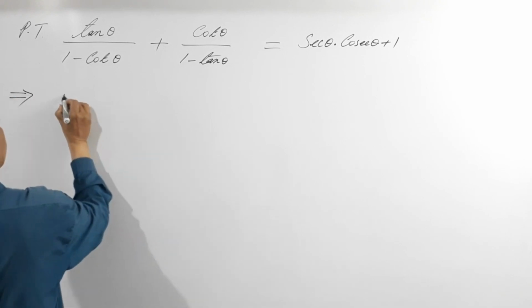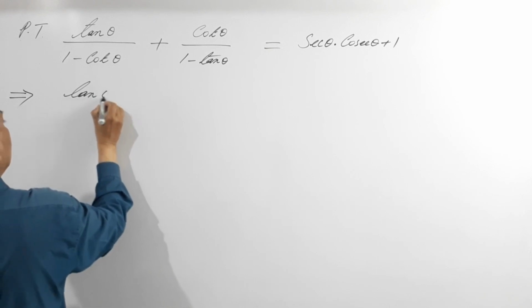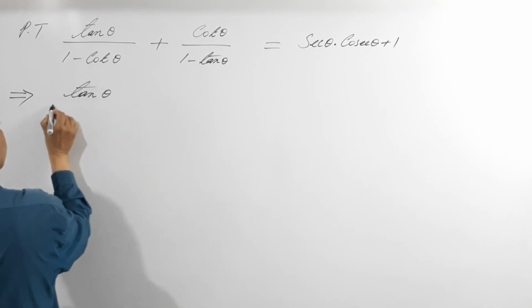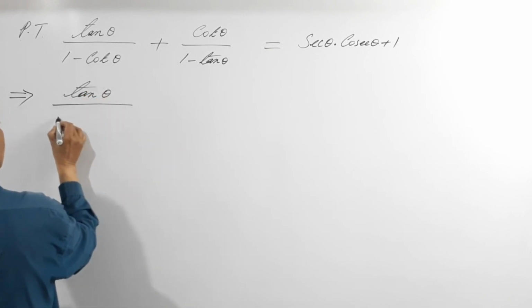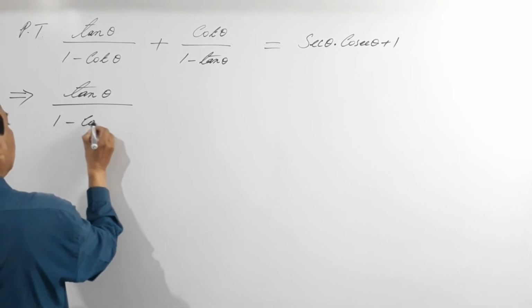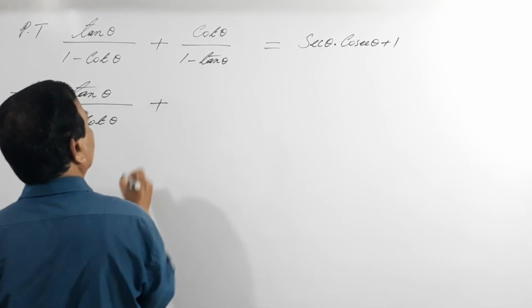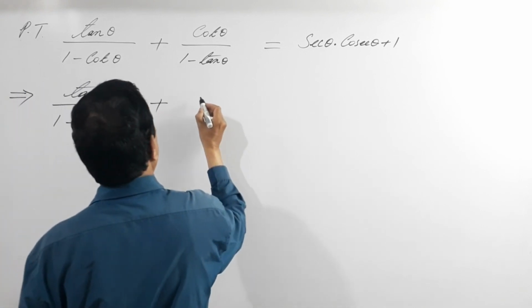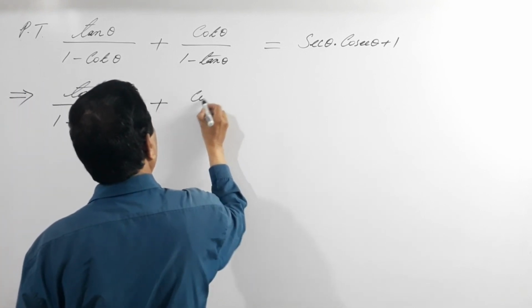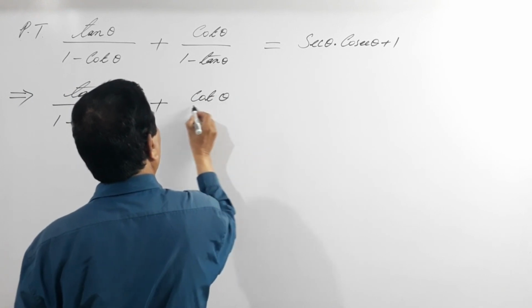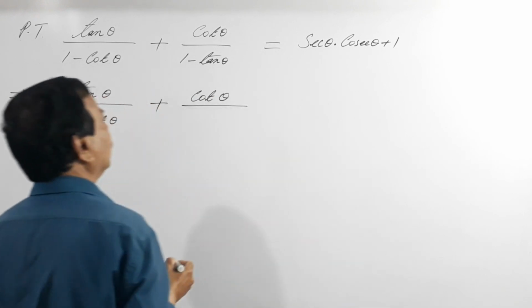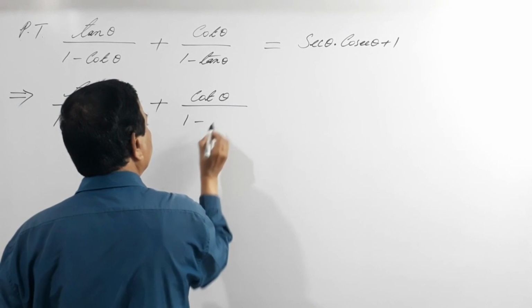I have written tan theta as it is, 1 minus cot theta, plus cot theta by 1 minus tan theta.